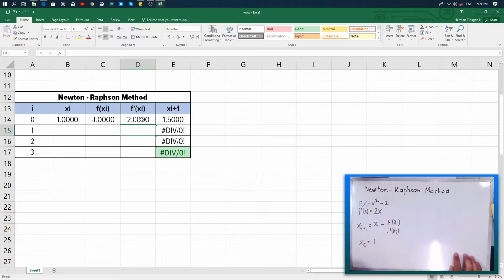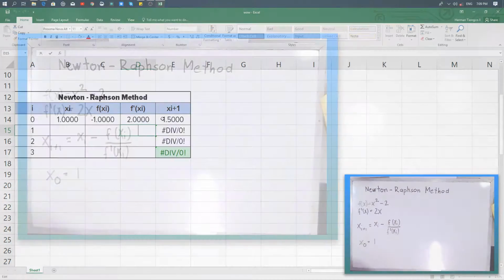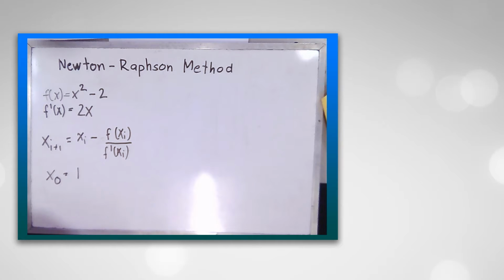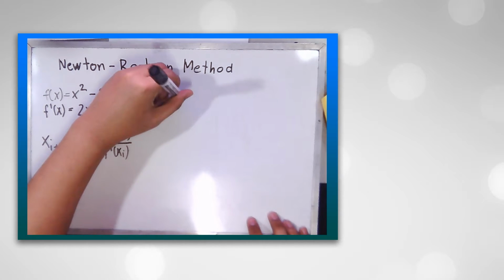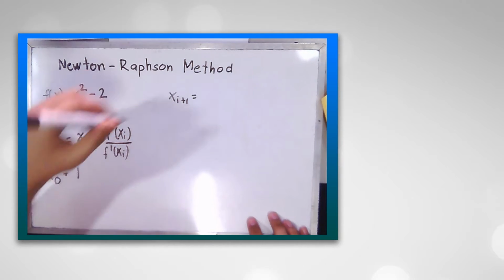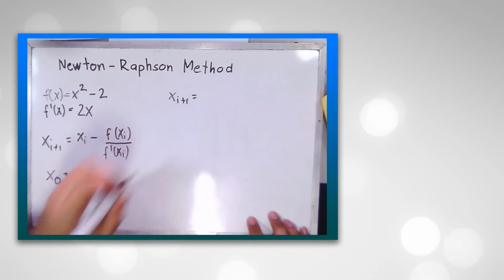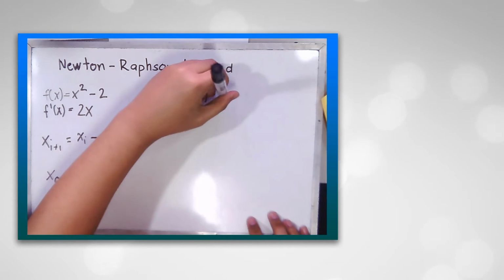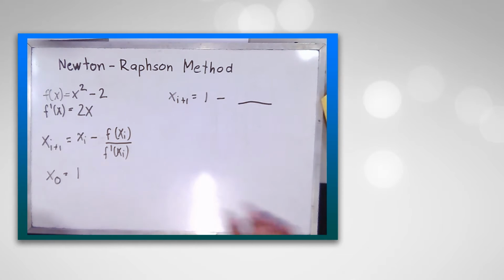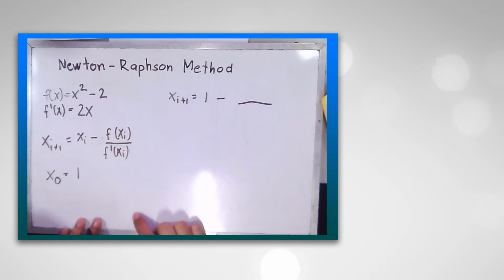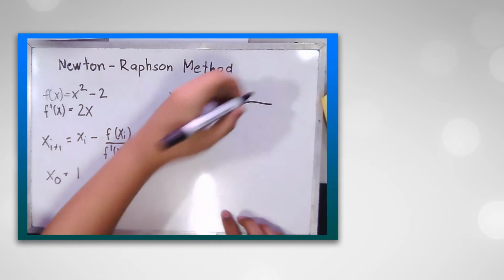What you see on the screen right now is that the Excel cell automatically computed x sub i plus 1. But we will be doing the method here on the whiteboard manually for us to see how it really works. So x sub i plus 1 is equal to, what's our x sub i? 1, minus, what's our value of f of x sub i? That is negative 1.